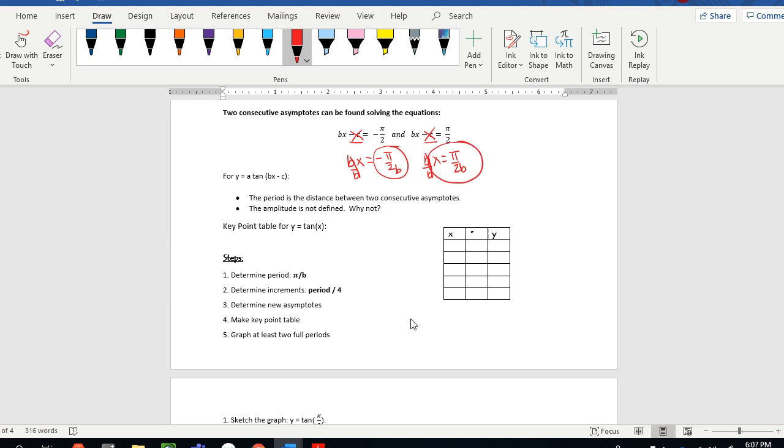Okay? All right, so for A tangent B minus C, we're not going to have that. The period's the distance between two consecutive asymptotes.